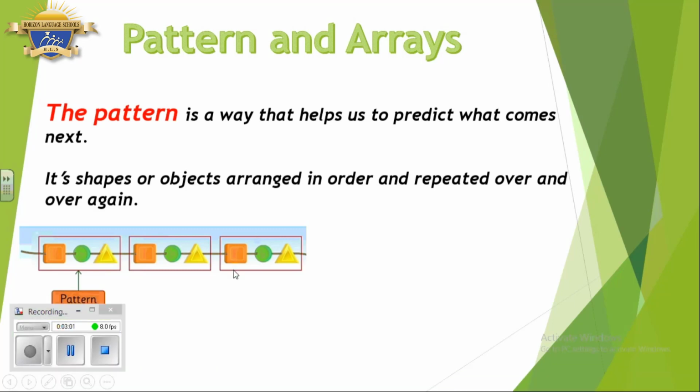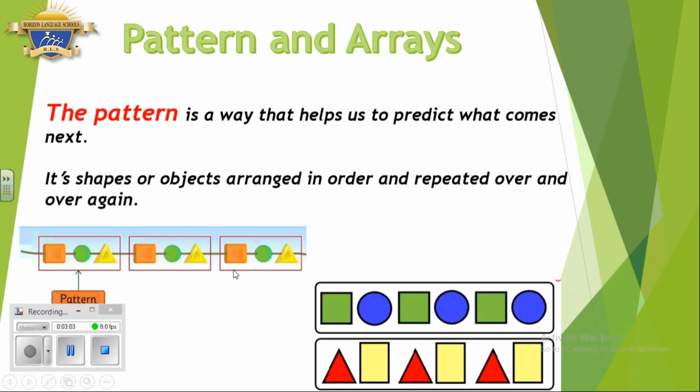Another example, we have here two patterns. Can you see the shapes in the pattern and think about what the next shape will be based on what you notice? I notice that I have green square and then blue circle, green square, blue circle, green square, blue circle.